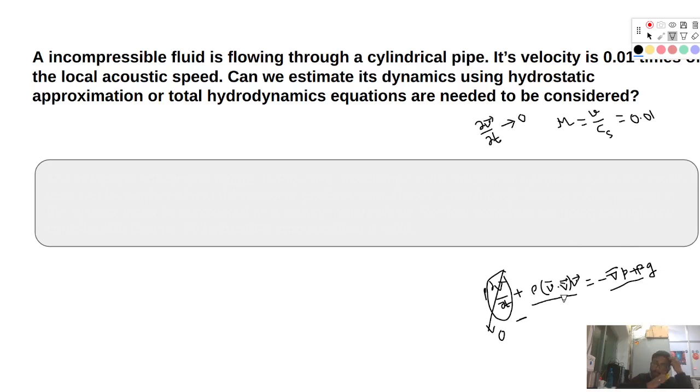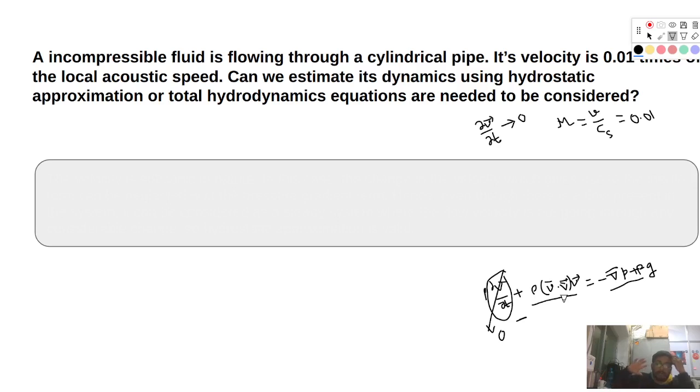So the flow is there, but the velocity with which it is moving, that is not there. So we can consider that there is no change in the velocity due to time, so we are in the hydrostatic regime. Fine, we don't need to consider the total hydrodynamic equation.